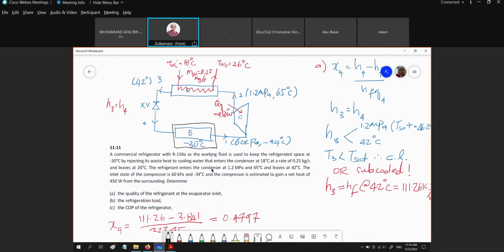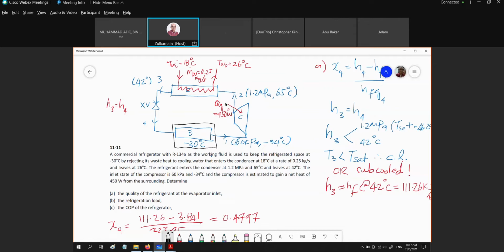The refrigerant enters the condenser at 1.2 megapascal and 65 degrees C, which is equivalent to the outlet from the compressor. The inlet state of the compressor is 60 kPa and 34 degrees C, and the compressor is estimated to gain a net heat of 450 from the surroundings.